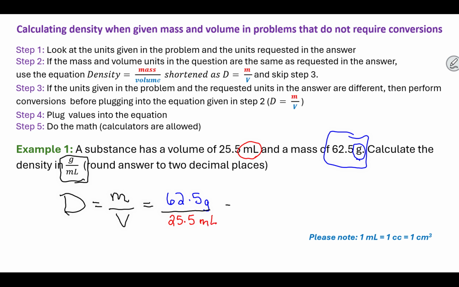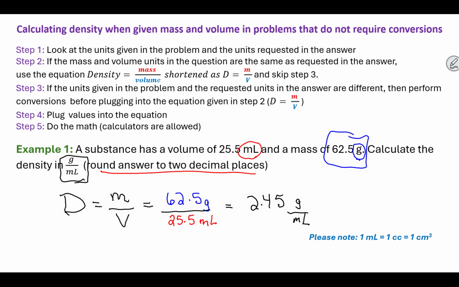And we can just punch this in our calculator. The problem says round the answer to 2 decimal places, so we'll do that. And the answer is 2.45, and our units are grams divided by milliliters.